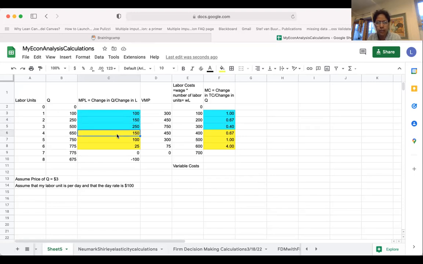My marginal product is decreasing here, and I had it decreasing at an increasing rate. So my marginal cost was increasing, but then it's increasing in a minute. Come back to that.